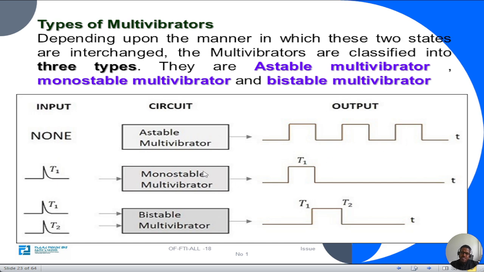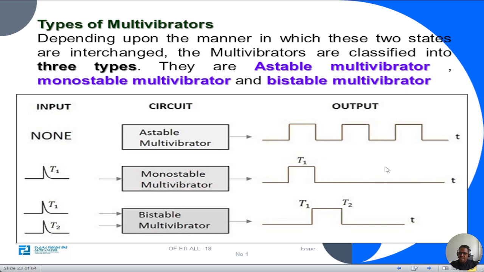During monostable multivibrator, one state is stable and the other is unstable. So in the output, that is the stable state, it changes to unstable when pressing or clicking the trigger, that we can call one shot. So the unstable state changes back to the stable state.